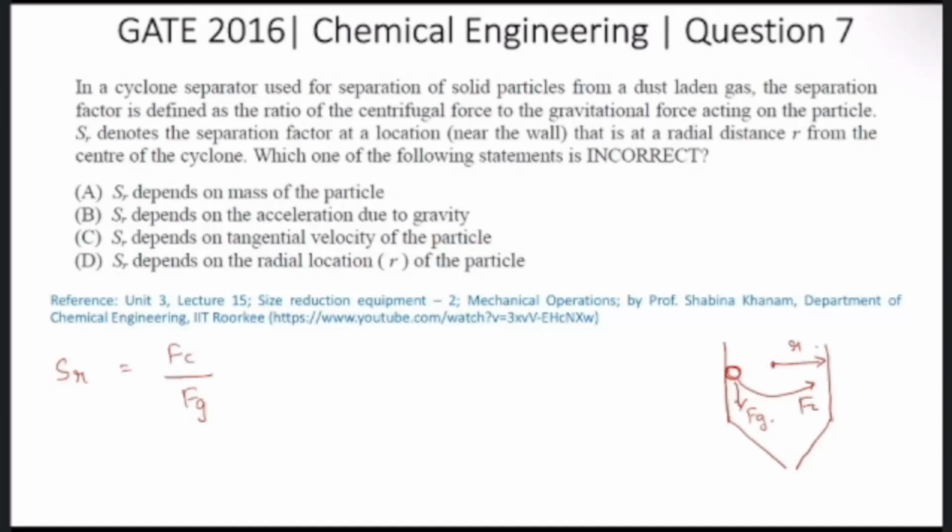Now the centrifugal force can be defined as m r omega square, and the gravitational force can be represented as m into g. Now this can even be simplified by taking omega, which is the angular velocity, equal to v by r, where v is the tangential velocity.